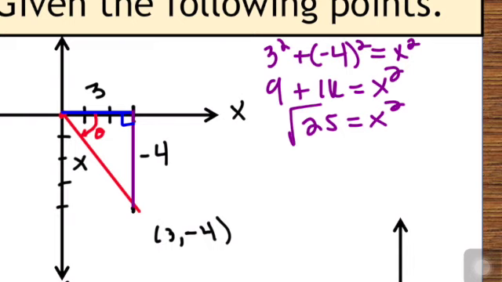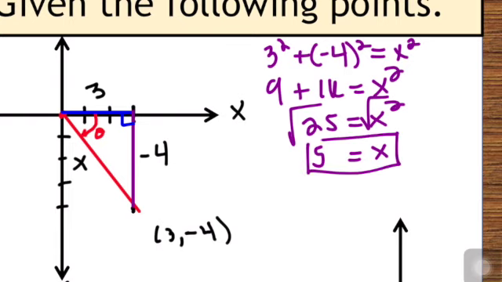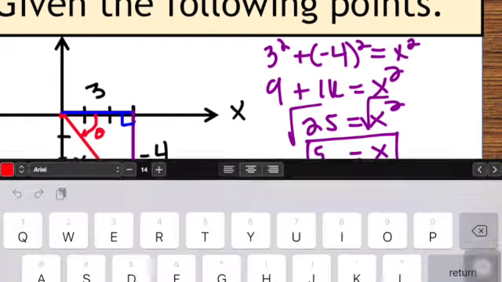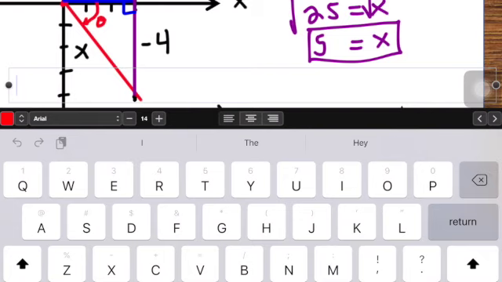So whenever we are looking for the hypotenuse, just know that no matter what the x and y point are, whether they're positive or negative, your hypotenuse should always be positive, right? So let's write a little note here.